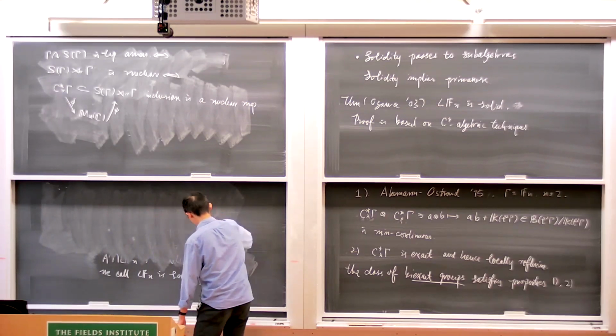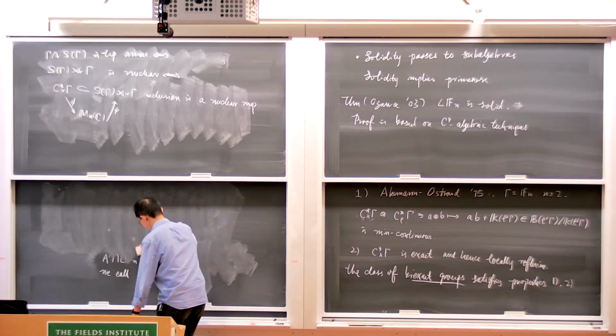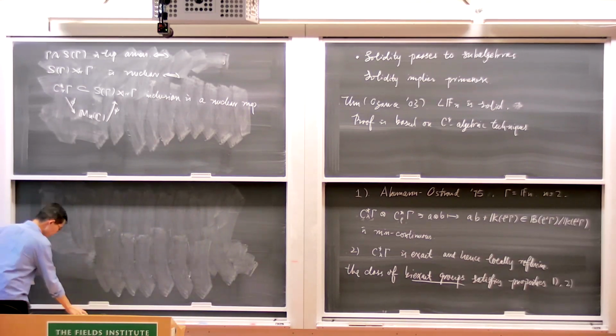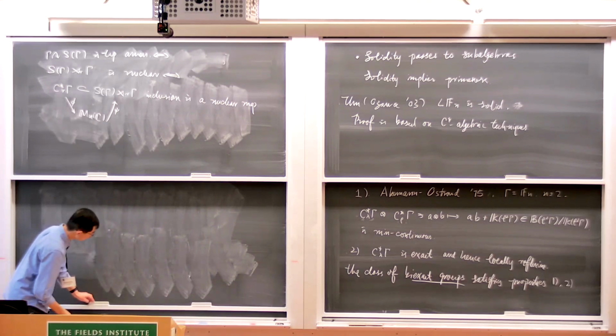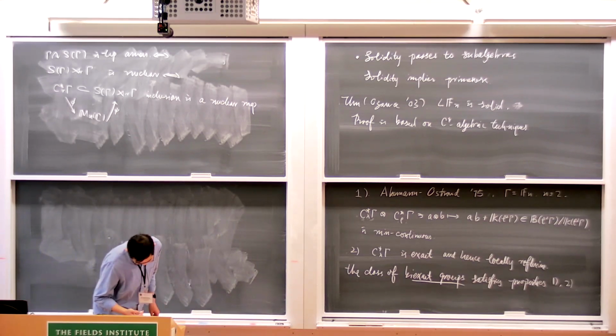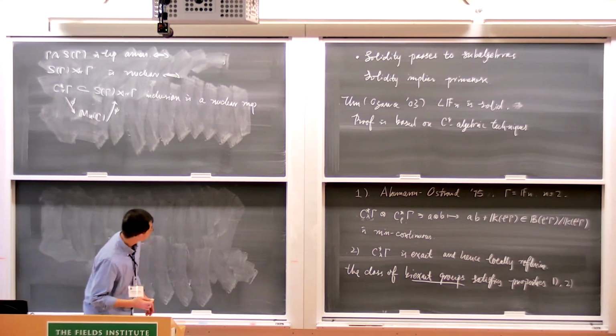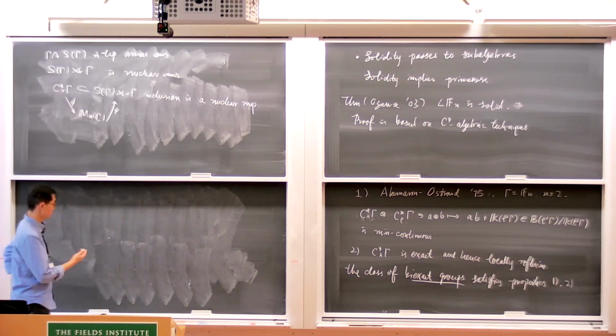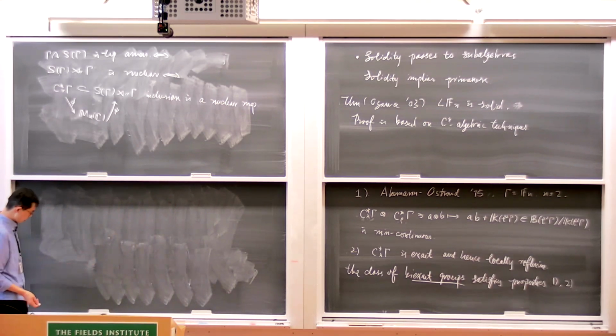So this notion of bi-exactness is widely applied to many situations, but we'll not go into that in detail here. Right. Yes, so now we see that we have this topological dynamic characterization of bi-exactness.